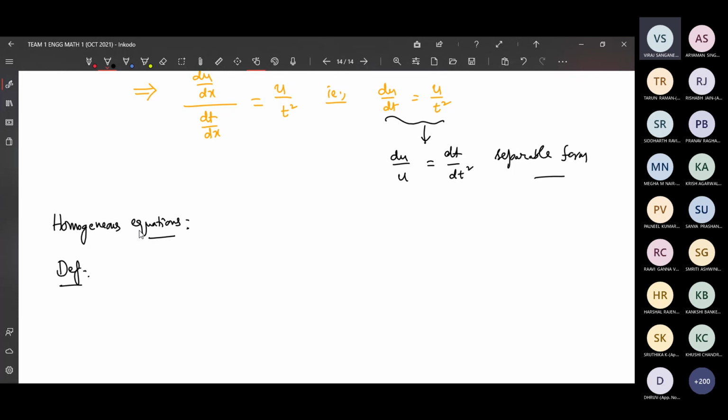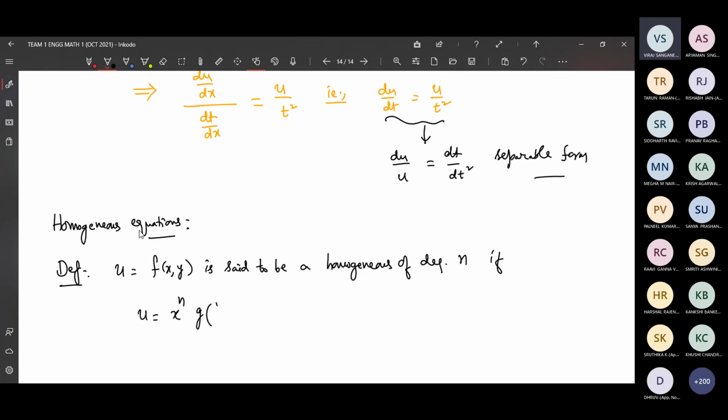The definition: u equal to a function of x, y is said to be homogeneous of degree n if u can be expressed as x to the power n into a function of y by x, or u can be expressed as y to the power n into a function of x by y. Okay, it looks a little complicated, but I will simplify it.